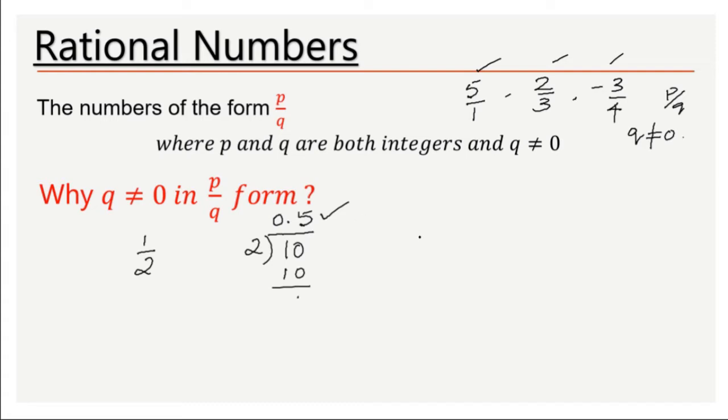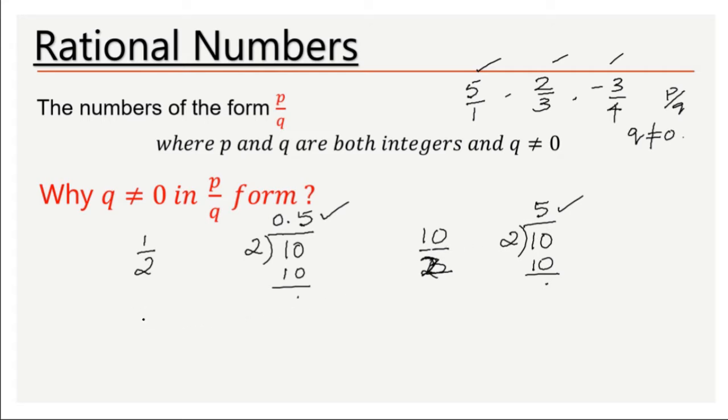At the same time, when we have some number which is divisible by the denominator, say 10 by 2, 2 divides 10 5 times. In this case, the quotient is 5. So each time we divide the numerator by a denominator, we are going to get a quotient.